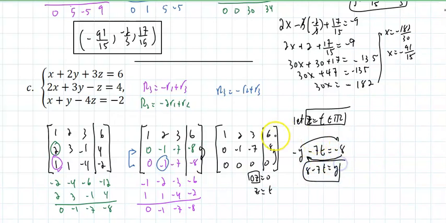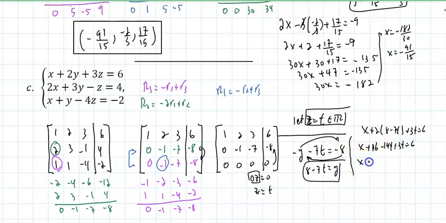Got y. I'll go to the first and I'll say x plus 2 times y. Y is 8 minus 7t, plus 3t equal a 6. X plus 16 minus 14t plus 3t equal a 6. X plus 16 minus 11t equal a 6.